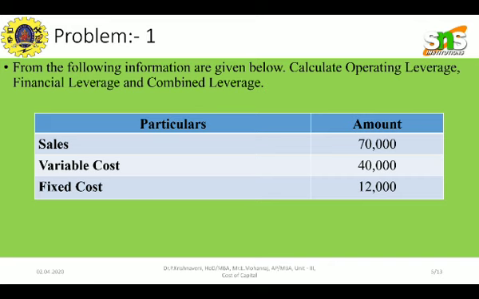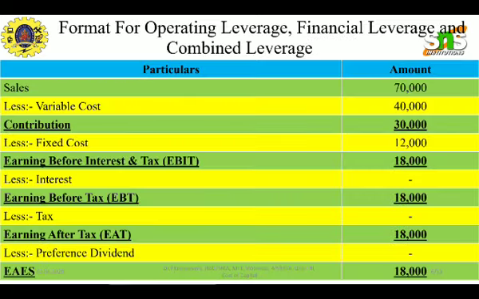The sales is 70,000, the variable cost is 40,000, and the fixed cost is 12,000. Then let's go for the format, how to calculate the EBIT, EBT and EAT.